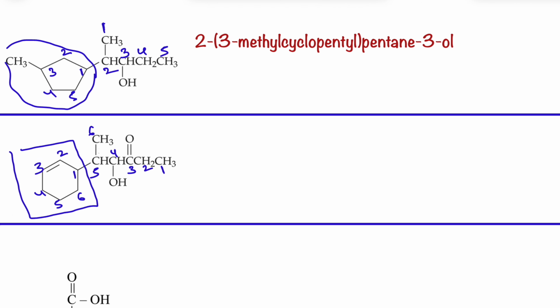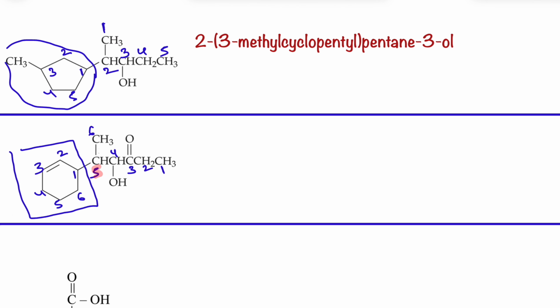There is a double bond between second and third, cyclohexenyl, not cyclohexyl, cyclohexenyl. So this name begins with the cyclo C, this is a hydroxy, alphabetical order. At the fifth place there is cyclohexenyl, but that double bond position has to be indicated.